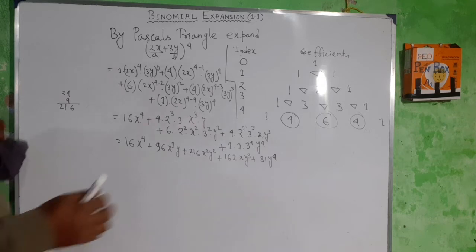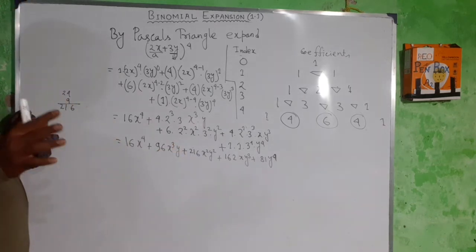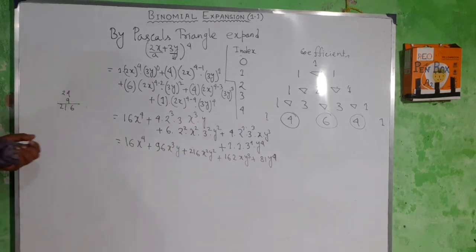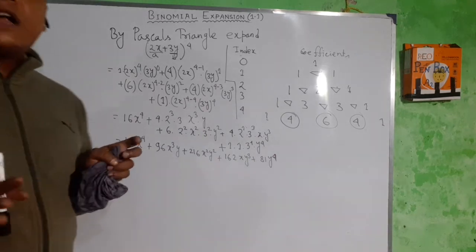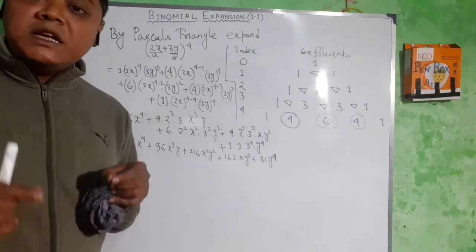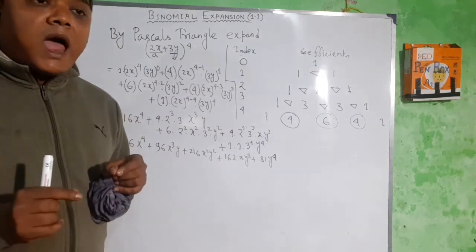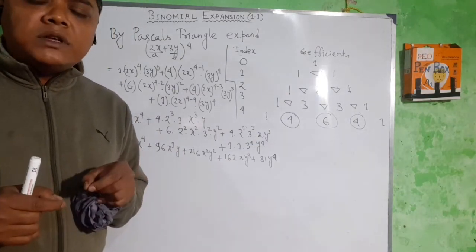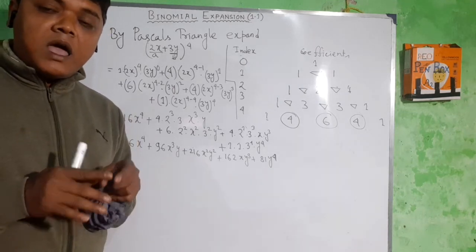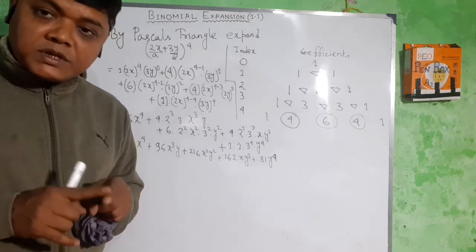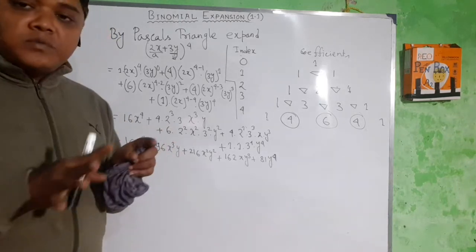Okay, so we can use Pascal's triangle coefficients by Pascal's identity, but we introduce the general form of the binomial expansion in terms of n. Before discussing it, I have already introduced permutation and combination in a YouTube lecture.